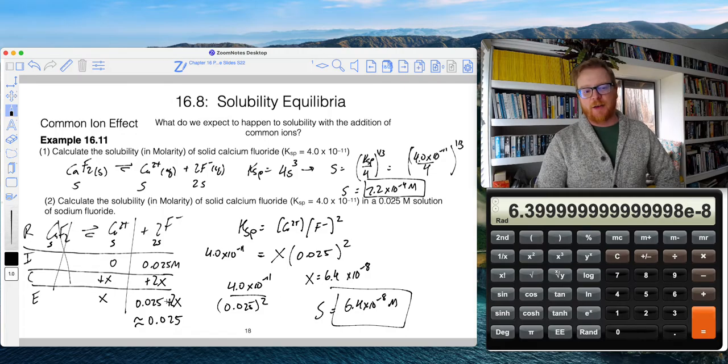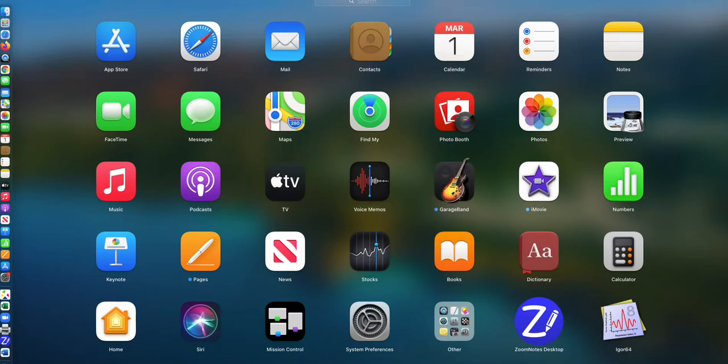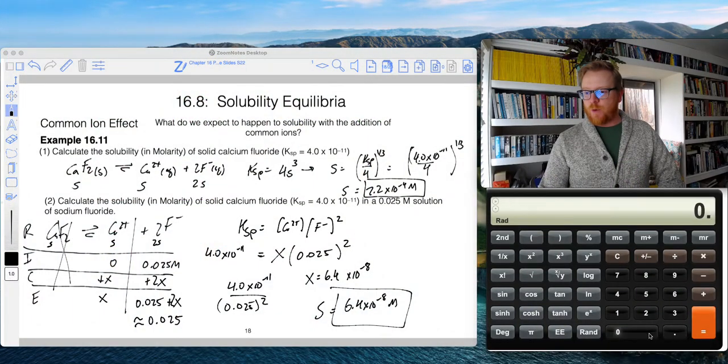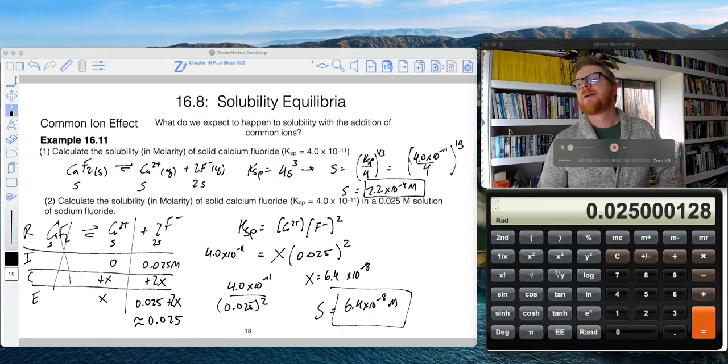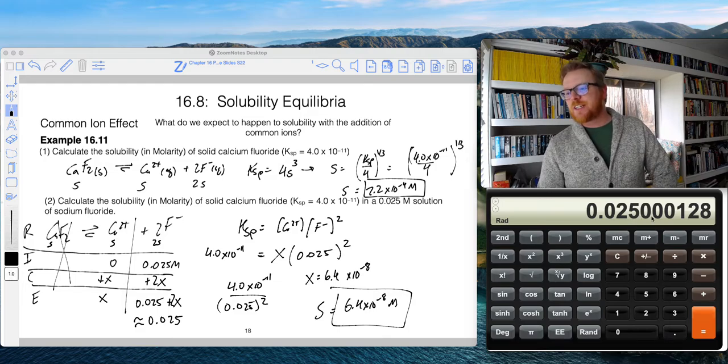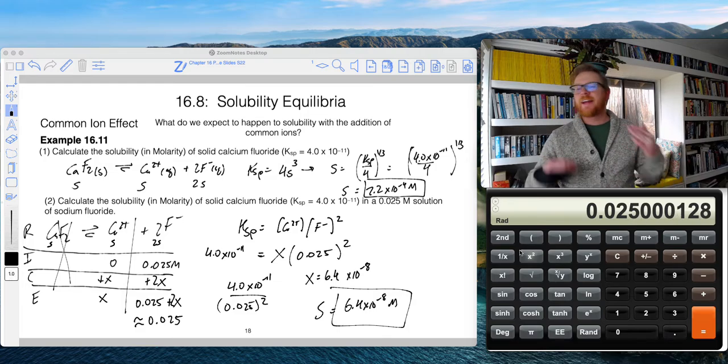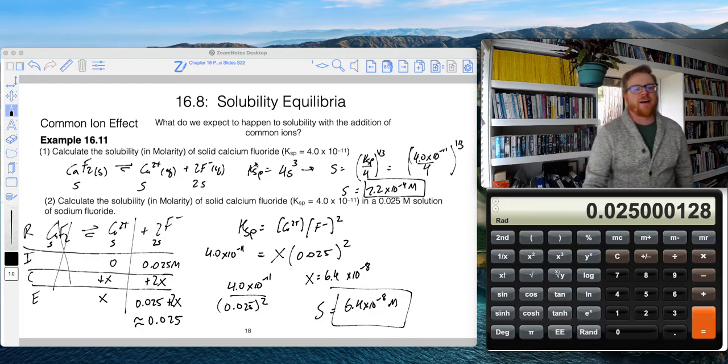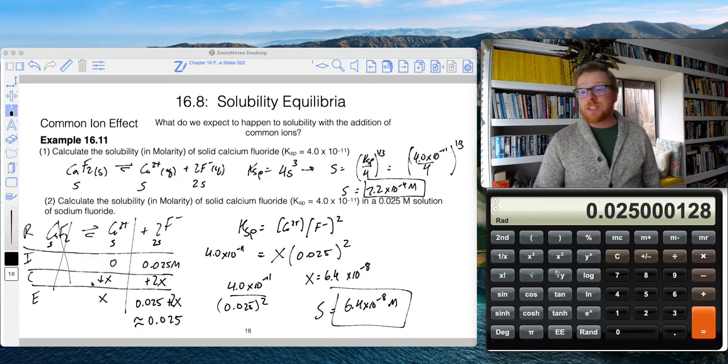If I wanted to calculate this, to be absolutely correct, it would technically be 0.025 plus 2 times 6.4 times 10 to the minus 8, which equals 0.025000128.